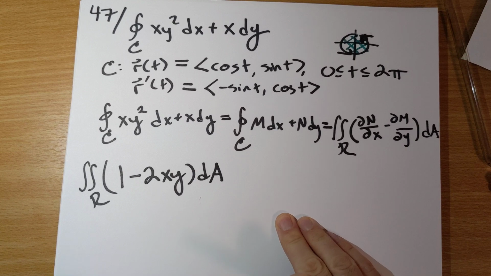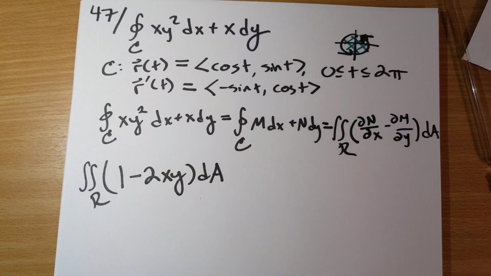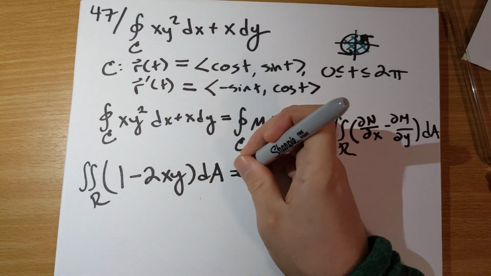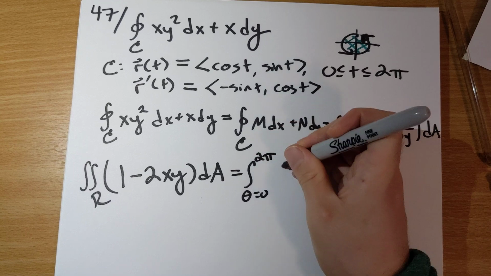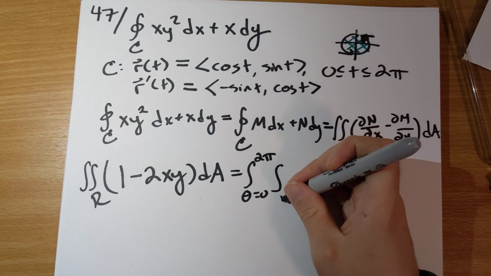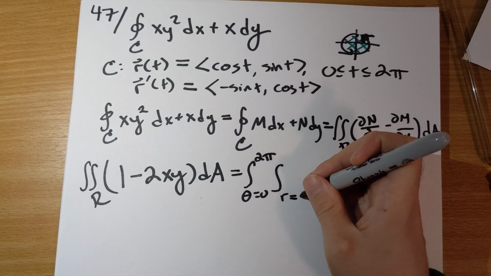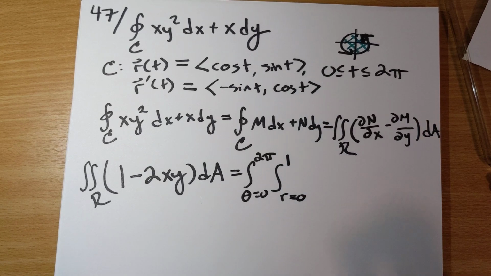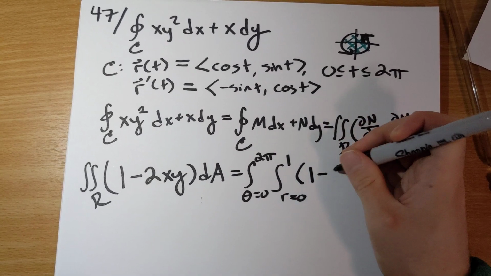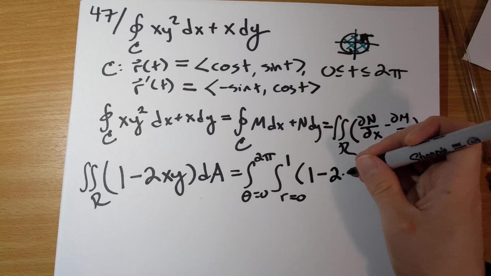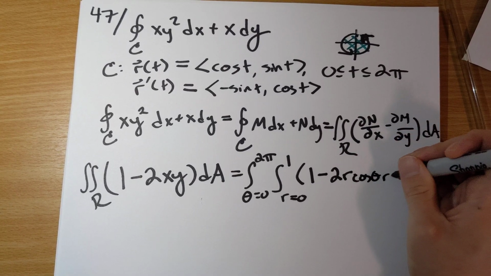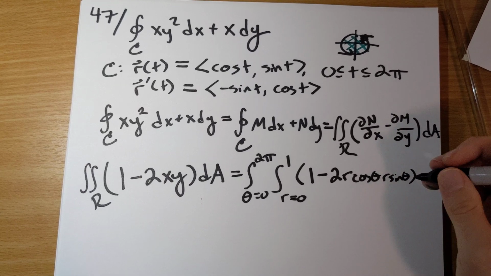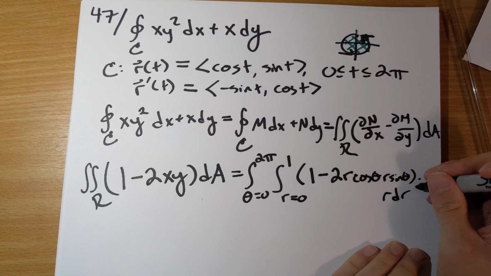How do we evaluate this integral? We're integrating over the interior of the unit circle here. This is easiest to do in polar coordinates. So theta will be from 0 to 2 pi, r will be from 0 to 1, of 1 minus 2 times r cosine theta times r sine theta, and then times r dr d theta.